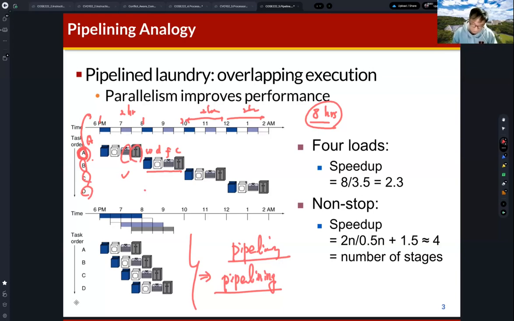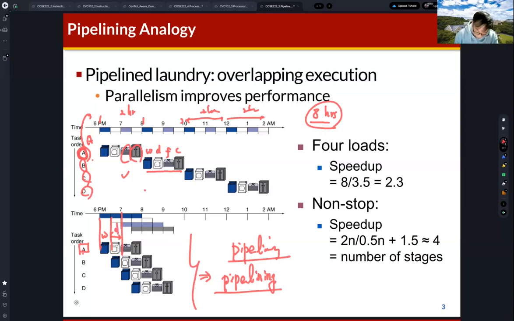You can understand the basic idea of pipelining like this. So for this task A, cloth A, for the first 30 minutes, this task just occupies the washing machine, right? And then for the next 30 minutes, this task A occupies the dryer.